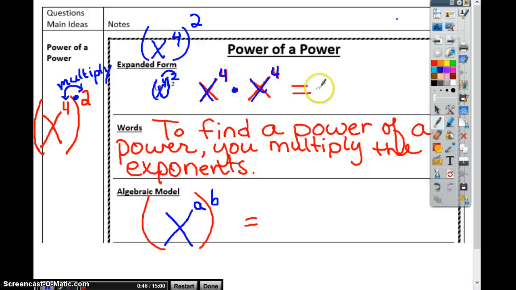Multiply them, that equals x to the, 4 plus 4 is 8. Or when it's just power to a power, you can just multiply those two. So in an algebraic model, x to the a power times b equals x to the ab power, because that means you're multiplying your exponents.